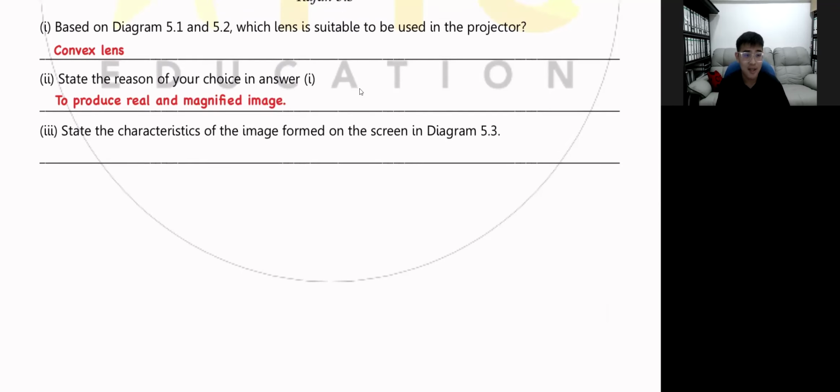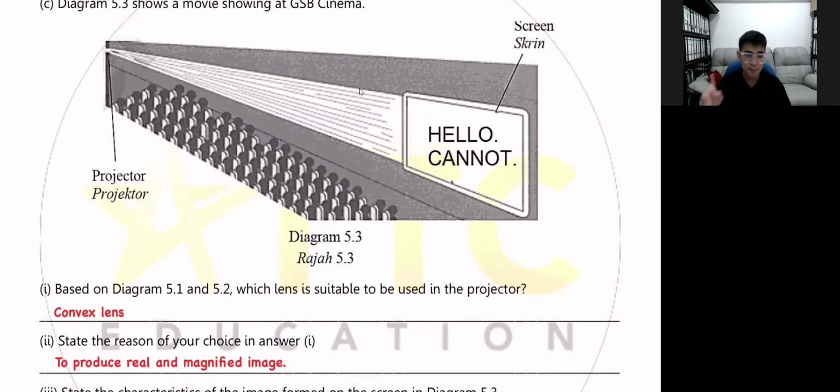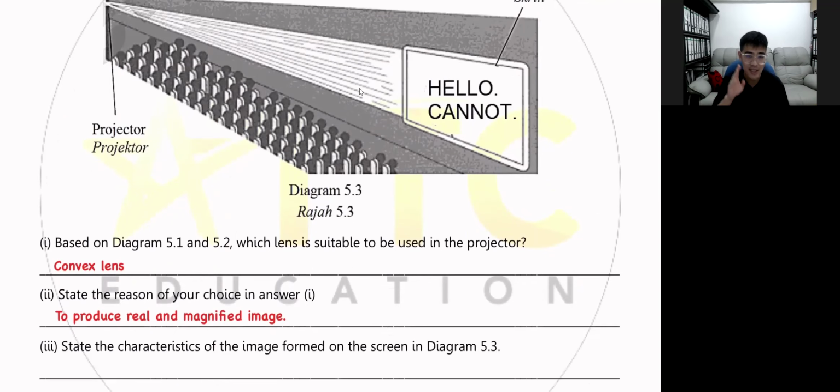Because remember or not, if you're using concave lens, concave lens only produces a diminished, virtual, and upright image. No matter where you put the object in front of the concave lens, the image that comes out must be virtual, upright, diminished, no other characteristic. But for convex lens, it depends on how you put your object in front of the lens.